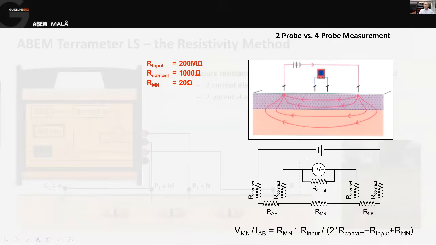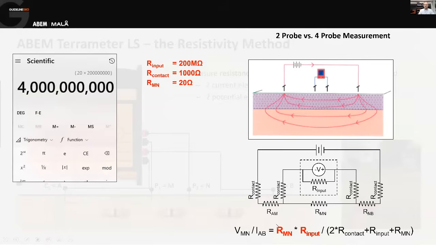So 1,000 ohms. And then we're going to say that the input resistance, that's the internal resistance of our measuring meter, is going to be 200 mega ohms. So that's 200 million ohms. So here's the equation that calculates all that. If we calculate the first part of the equation, that is the path resistance multiplied by the resistance of the meter.